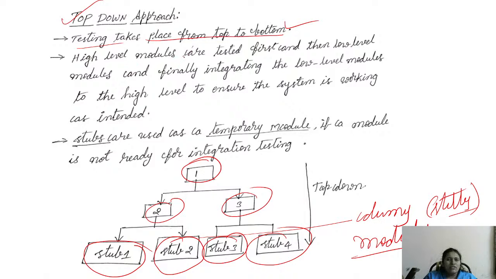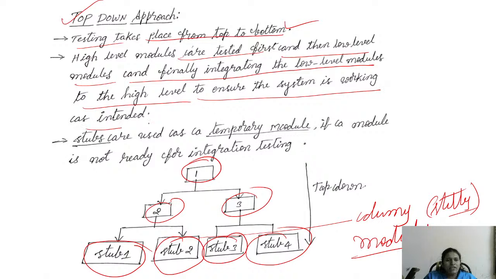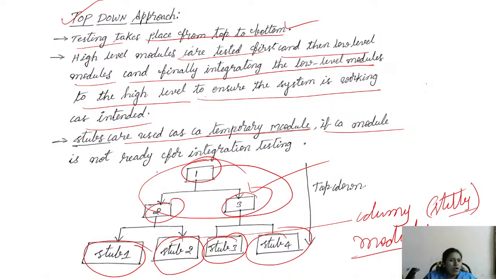The high level modules are tested first and then low level modules, and finally integrating the low level modules to the high level to ensure the system is working as intended. Stubs are used as temporary modules if a module is not ready for integration testing.